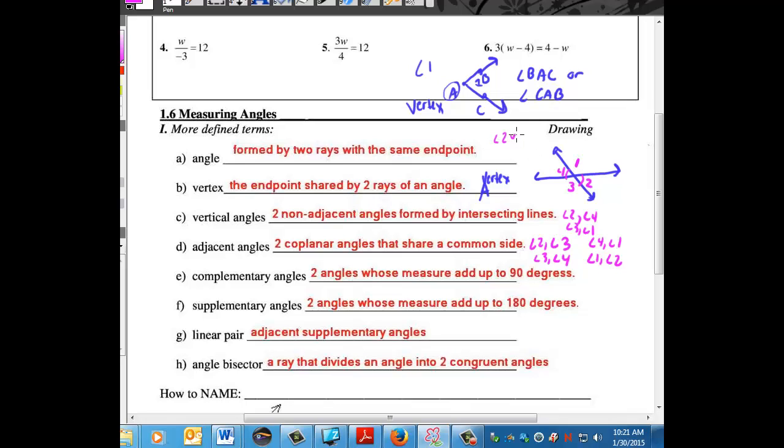So angle 2 is congruent, equal to angle 4. And just like angle 1 is congruent, equal to angle 3. And again, those are both vertical angles. And so I put one mark and one mark to show that these two angles are the same. And then I put 2 marks and 2 marks to show that angle 1 and angle 3 are the same.